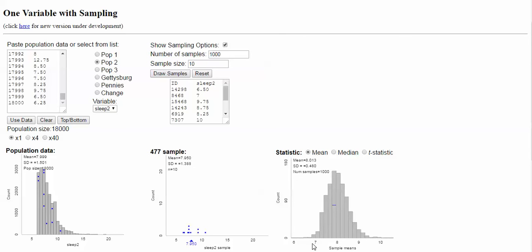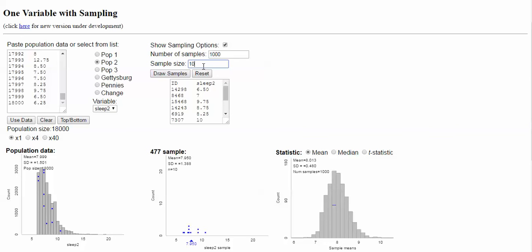We can see that this sampling distribution is skewed just like the population. So when the population is skewed, the sampling distribution will be skewed just like the population when you're working with a small sample size, like combinations of 10. The sampling distribution isn't as skewed as the population, but it still has the same type of skewness. It still trails off like this.